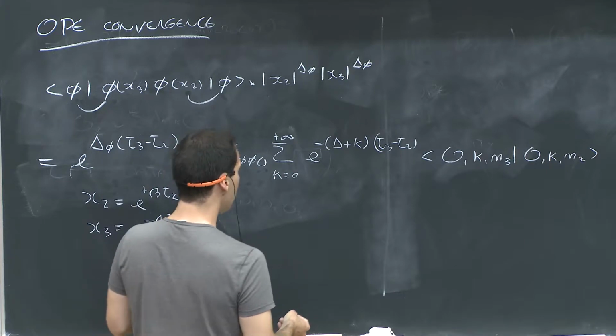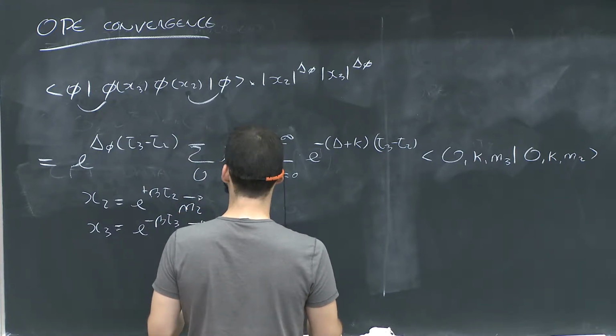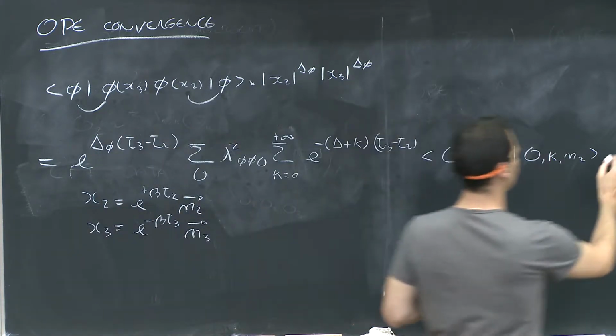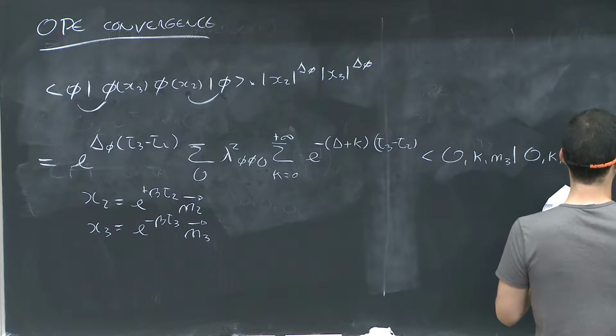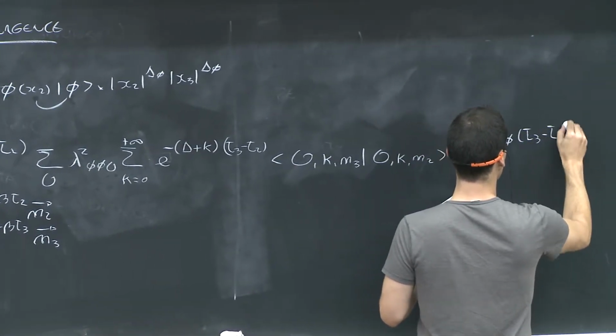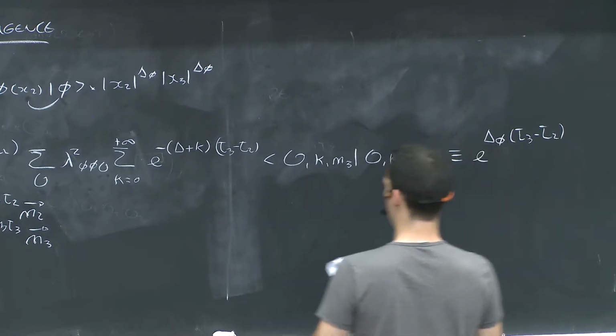Now, notice that, so let's call this function e to the delta phi tau 3 minus tau 2. Oh, maybe I got this wrong.